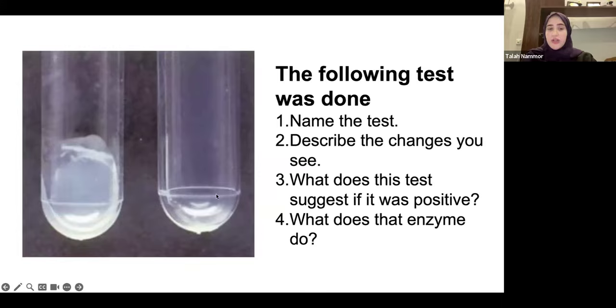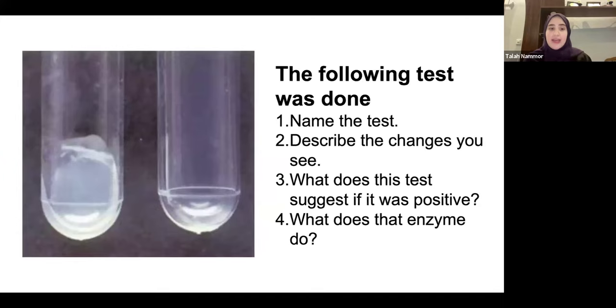What do you see in this beaker? Nothing, exactly, we see nothing. So then we add the reagent and then this happens. And this is literally a blood clot. So we have clotting.